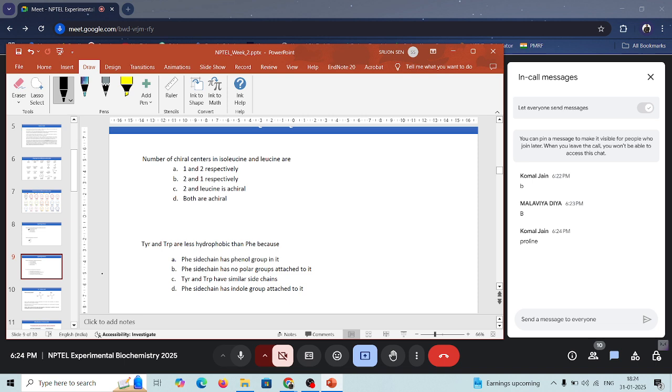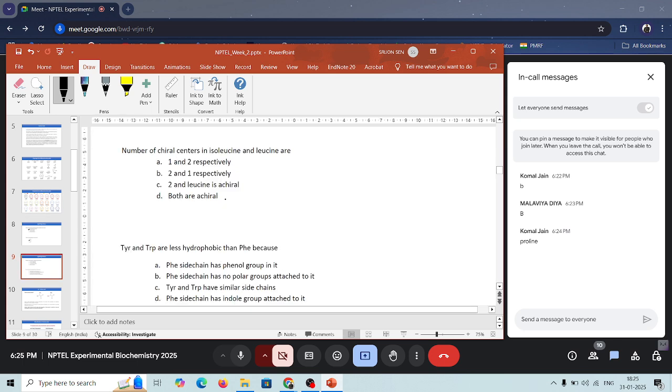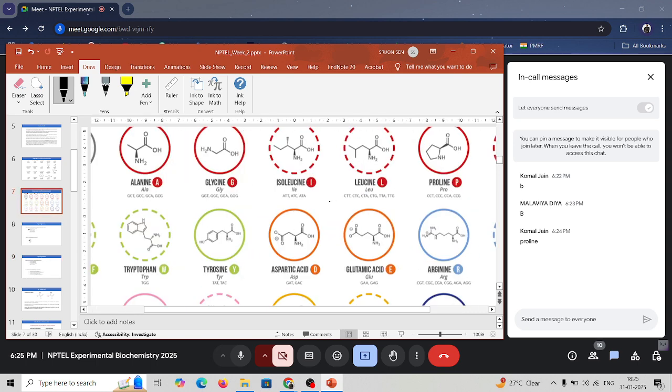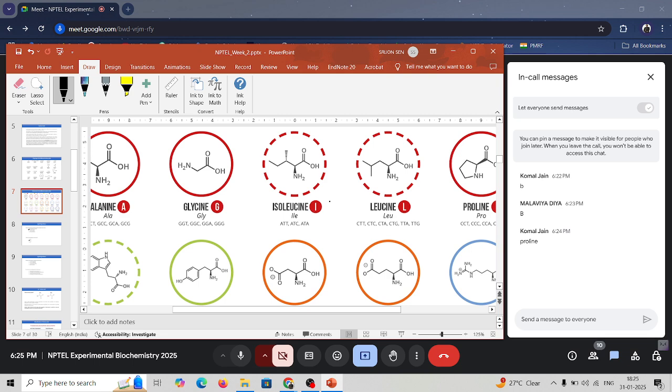The number of chiral centers in isoleucine and leucine. You have to find out the number of chiral centers which isoleucine and leucine have. I would just show you the structures of them. So you have isoleucine and leucine.